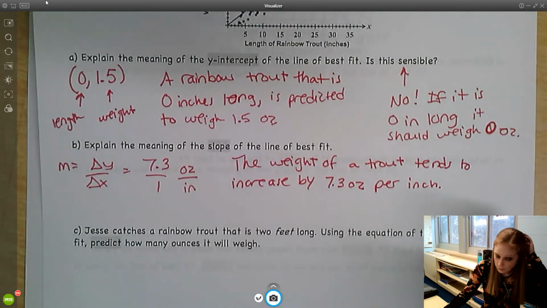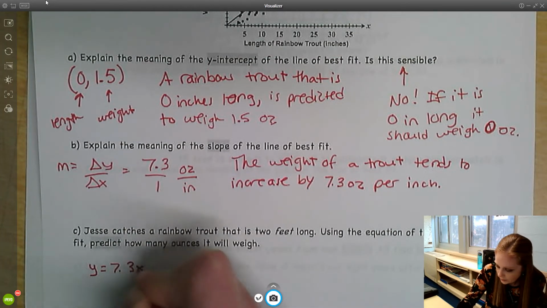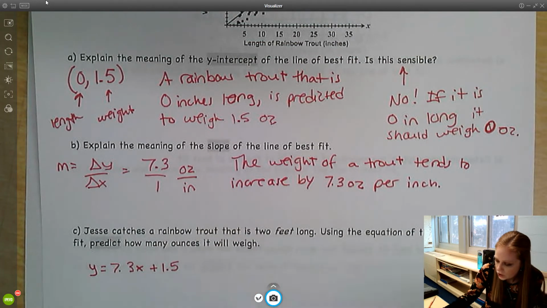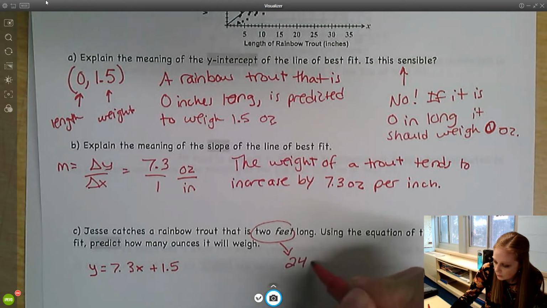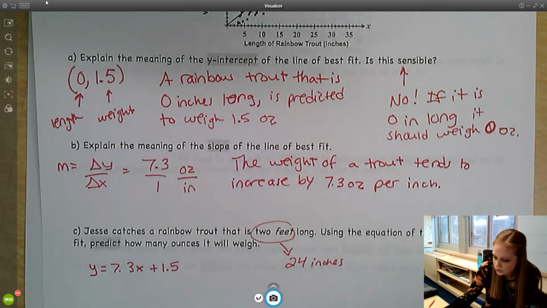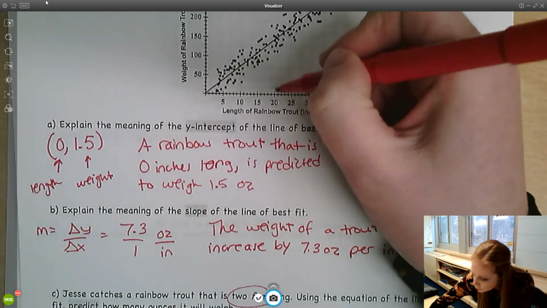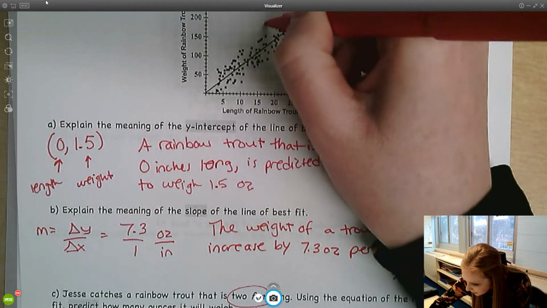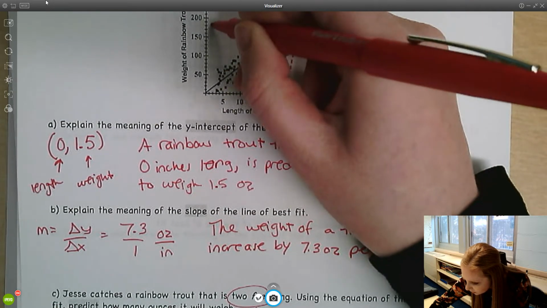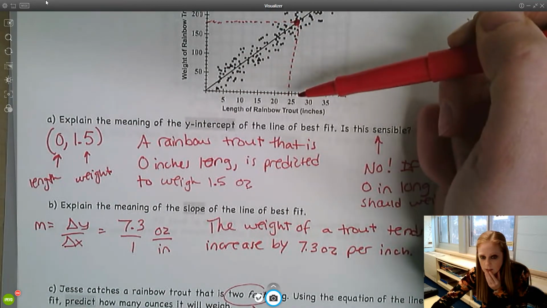Okay, Jesse catches a rainbow trout that is 2 feet long. Use the equation of a line to predict how many ounces. y equals 7.3x plus 1.5 is our equation. And now we have 2 feet. We're going to have to convert that to inches. So that would be 24 inches, because there's 12 inches in a foot, because our graph is looking at inches. So now if you go to 24 inches, you can estimate based on this how many ounces the fish is supposed to weigh.